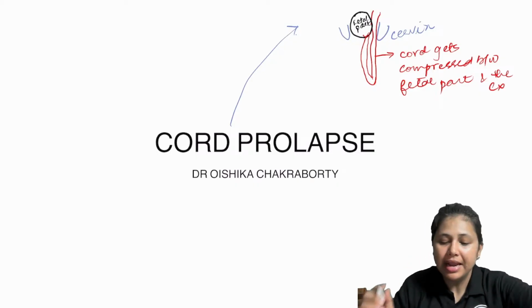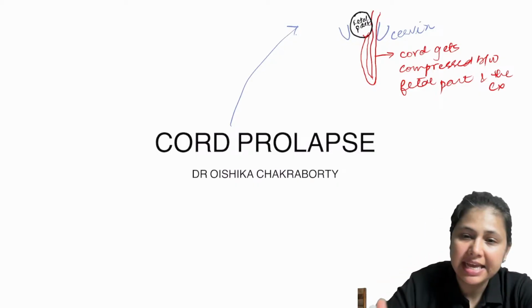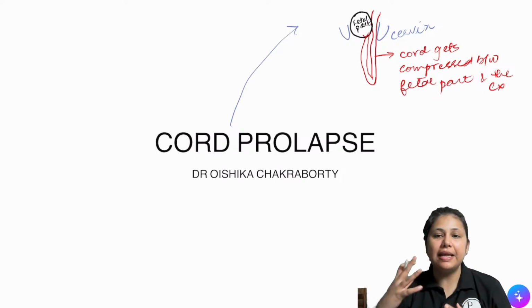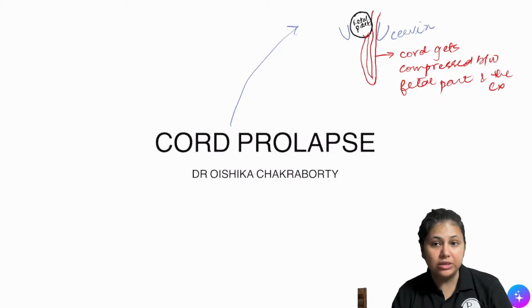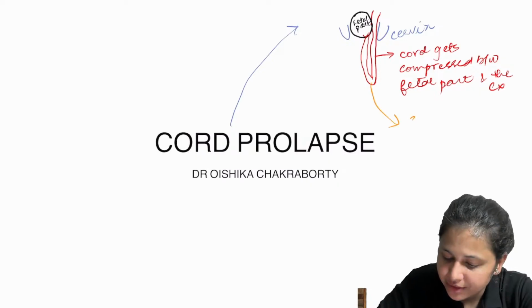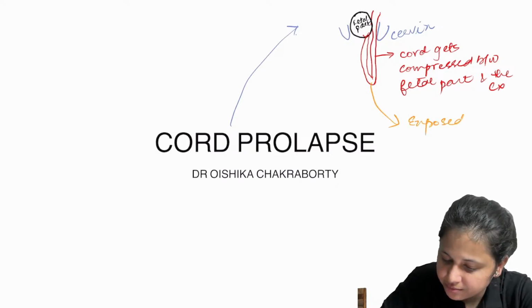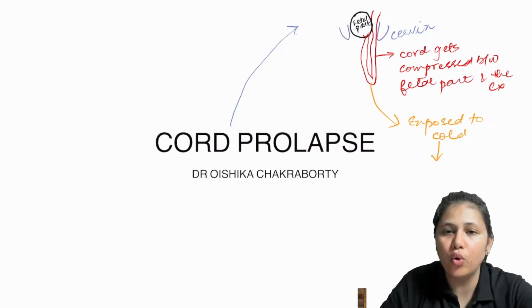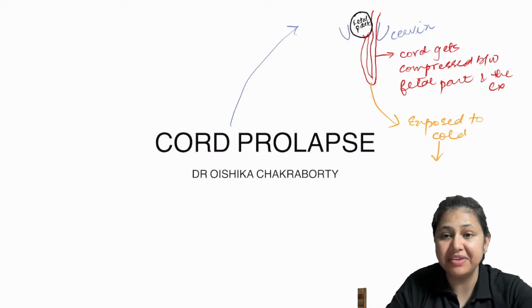Number two, inside the mother's body the temperature is slightly higher and outside it is colder. So the part that is exposed, and whenever there is cold, what happens to the vessels? There is vasoconstriction.